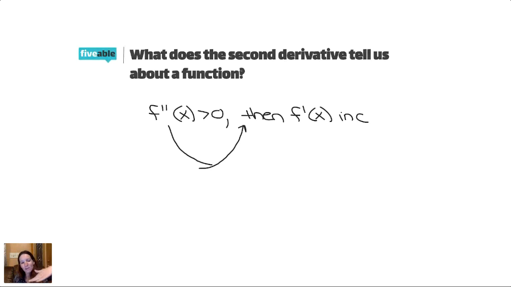So it actually looks less steep, so you're kind of coming down in it, the negative steepness coming down. So if f double prime of x is greater than 0, f prime of x is increasing, which can mean either of those two things. But either way, it means that the function is what we call concave up.